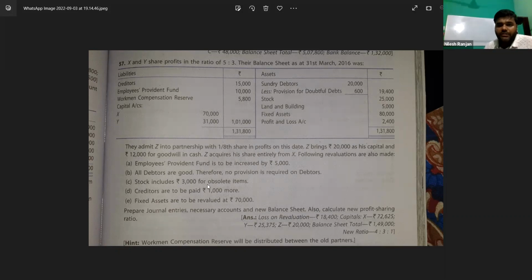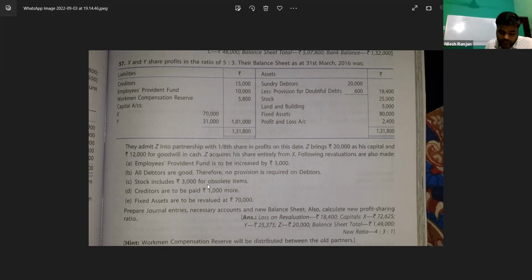Their balance sheet as at 31st March 2016 shows creditors, employee provident fund, workmen compensation reserve, capital account, sundry debtors less provision for doubtful debts, stock, land and building, fixed assets, and profit and loss. They admit Jet into partnership with 1/8 share in profit on this date. Jet brings 20,000 as his capital and 12,000 for goodwill in cash.